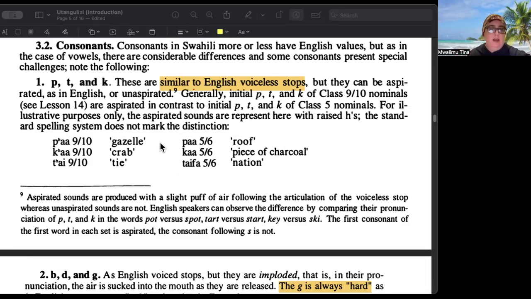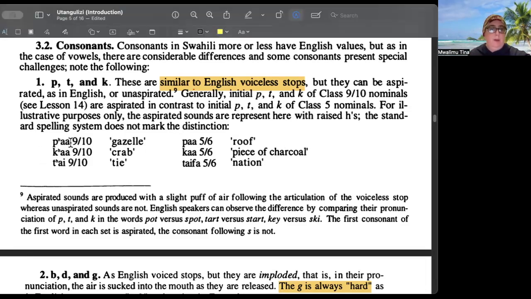So let's start with the aspirated P, K, and T. For example, we have pa, ka, tai.